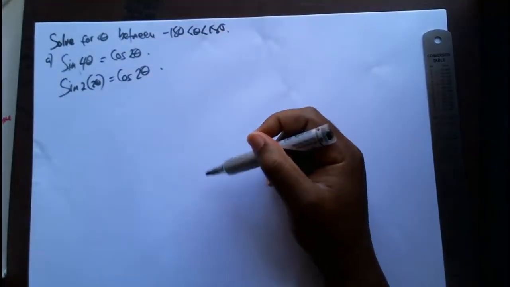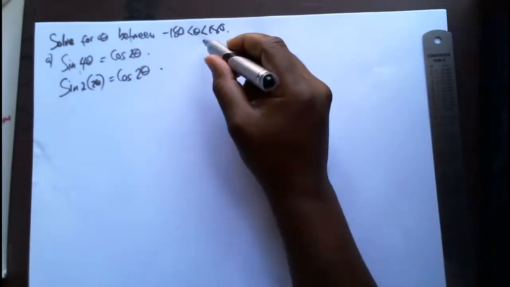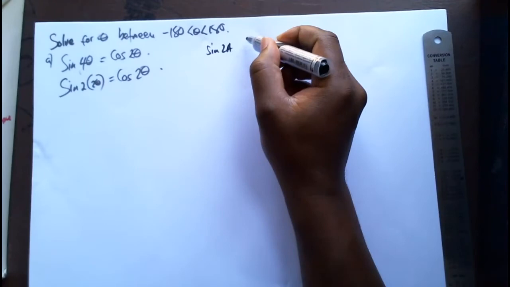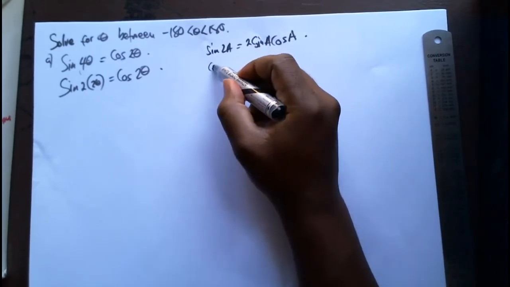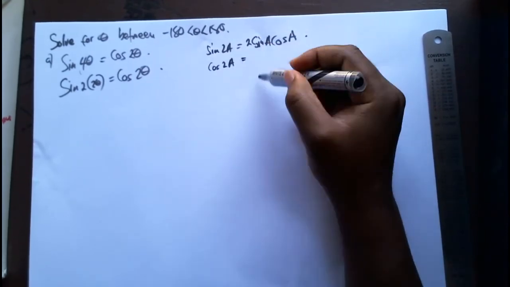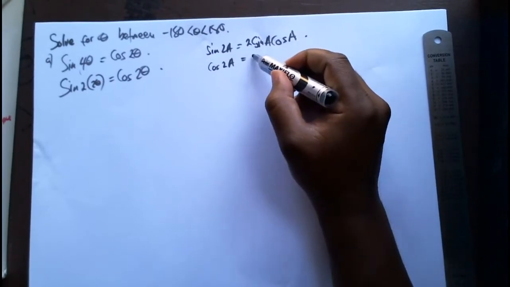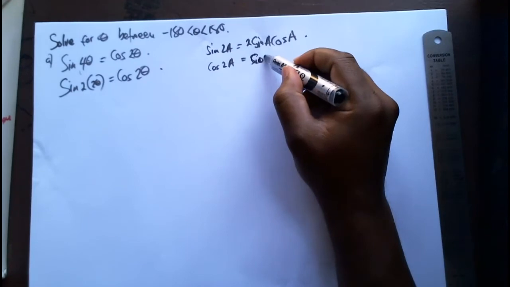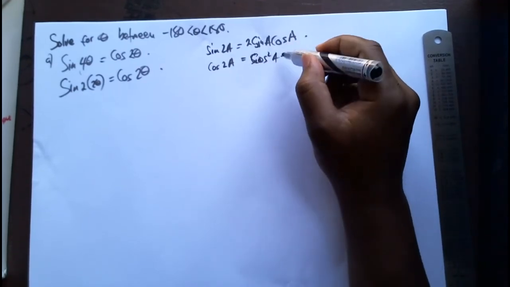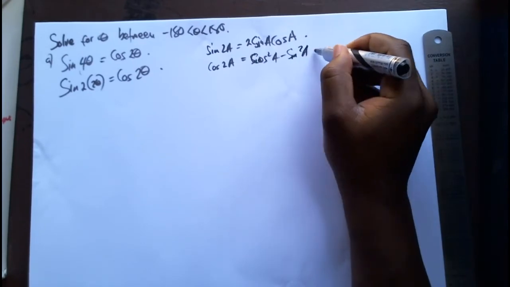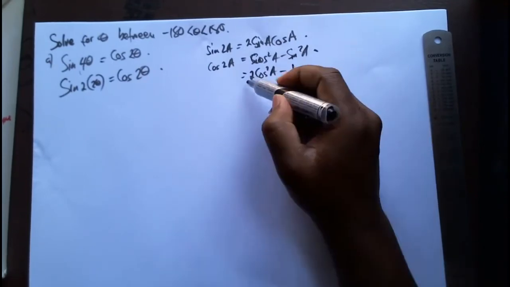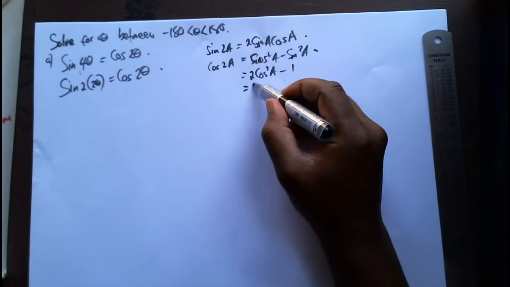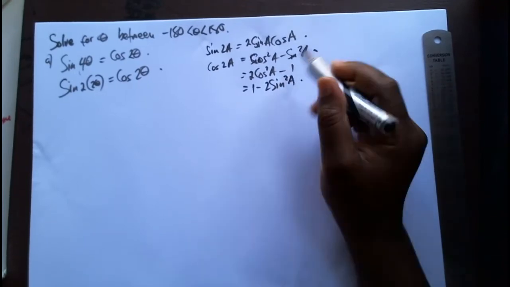So let's quickly write our identities. It says sine 2a is equal to 2 sine a cos a, and cos 2a is equal to either cos squared a minus sine squared a, or you can write it as 2 cos squared a minus 1, or you can write it as 1 minus 2 sine squared a.